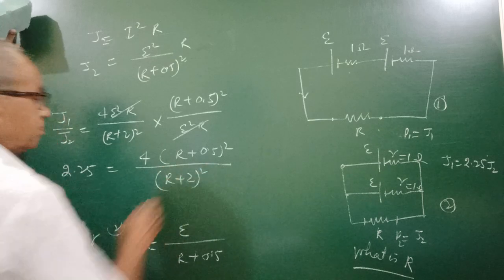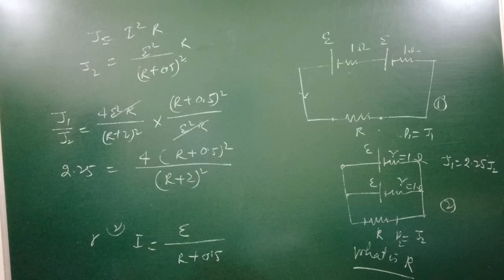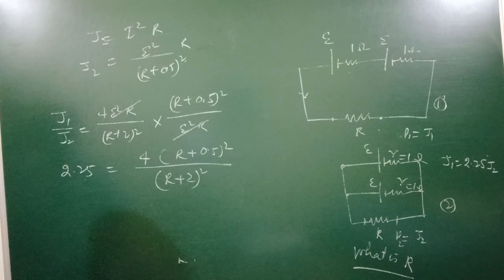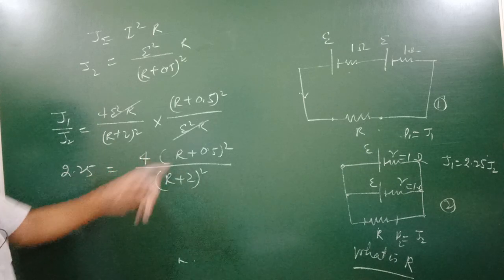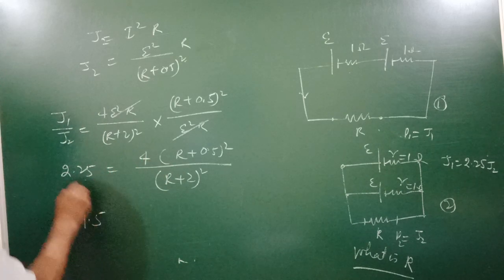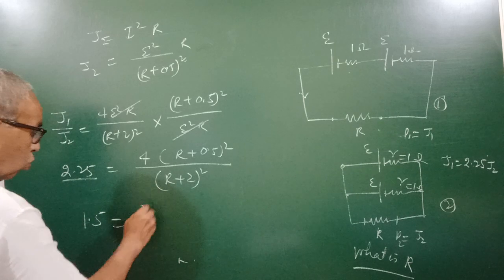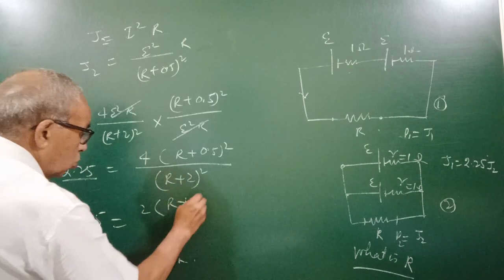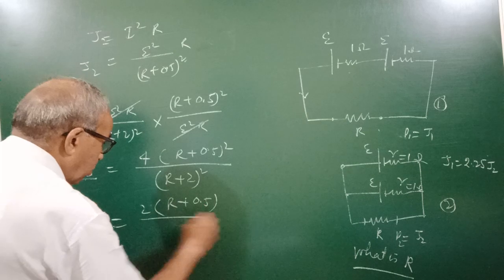Children remain in hurry. They start opening A plus B whole square. No need. This is a perfect square, so taking root on both sides, 1.5 is the square root of this: 2 into R plus 0.5 upon R plus 2.